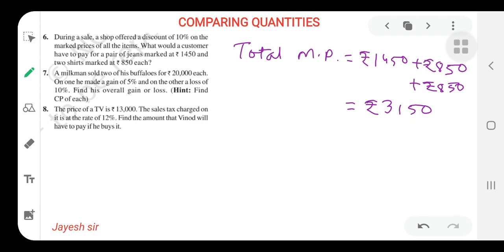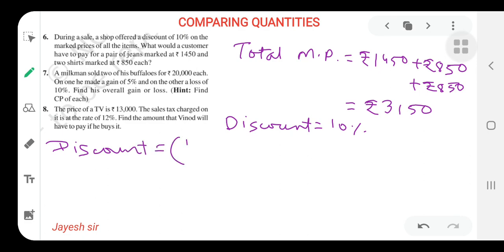So what is to be done now? A discount of 10% is to be offered. Now I will find how much amount I am getting as discount. The discount percent is given, so we will find the amount in rupees. 10% means 10 upon 100 of the total marked price, that is rupees 3150.